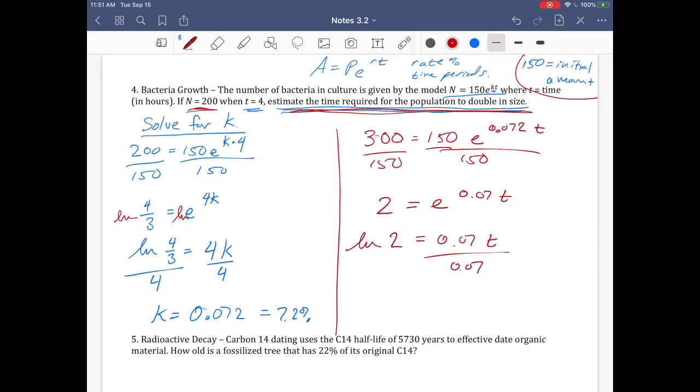Divide both sides by 0.07. Forgot to write the 2's here, so allow me to sneak those in there. And then t in this particular case is 9.6 hours. It would take 9.6 hours for this population to double at this growth rate.